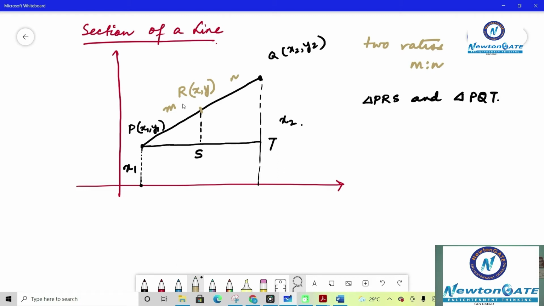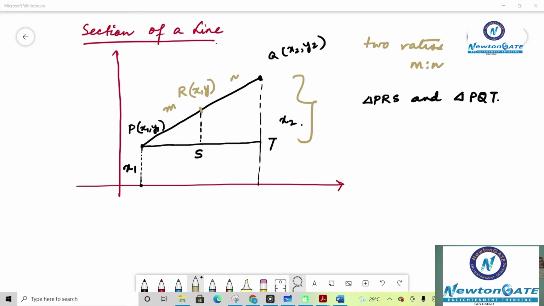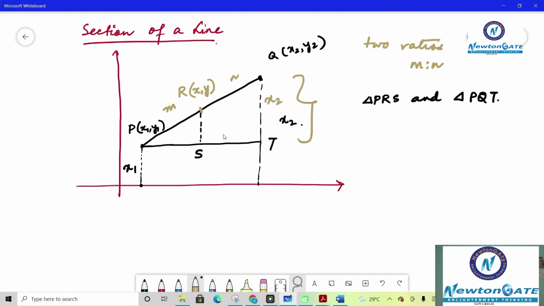So, the first is the side, this one. Okay. So, we have to find out the side length of QT. So, QT is, we can say that x2 minus x1, or rather we can say, if I have to take it, this is x, this length is x2. So, we can write it is x2 minus x. Okay.